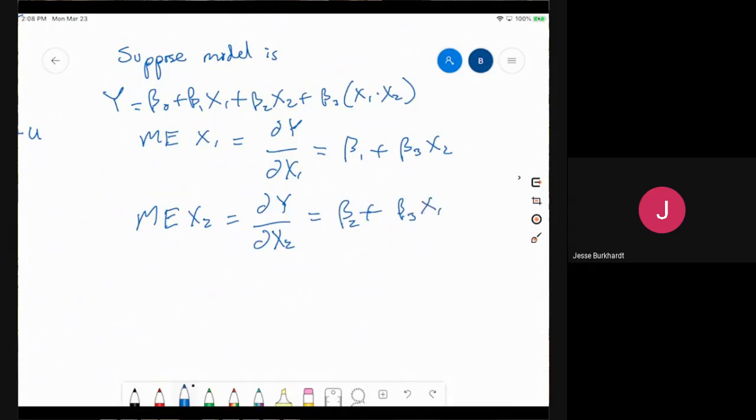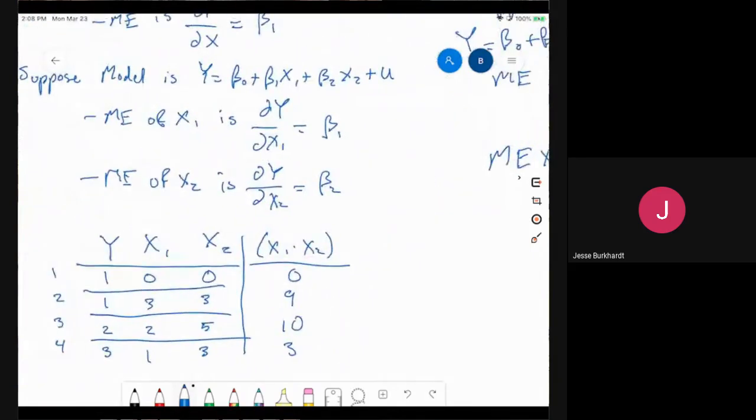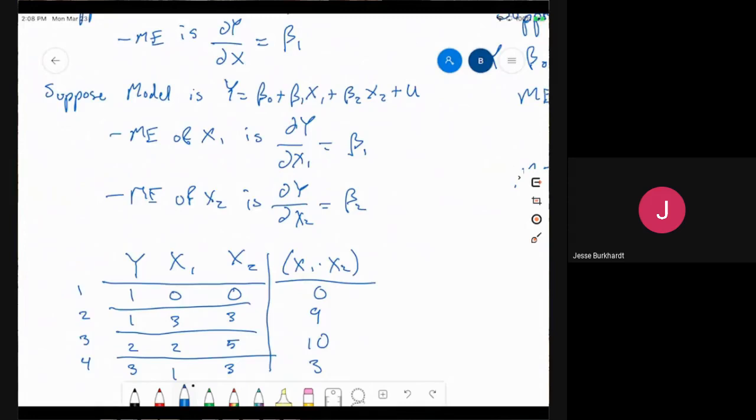Oh, that's interesting. So when we have this interaction term, let's compare this to what we had before. Without the interaction term, we get a model where the marginal effects are not dependent on the other variable. The marginal effect of x1 in this model is just beta 1. It's not dependent on what's happening in x2.